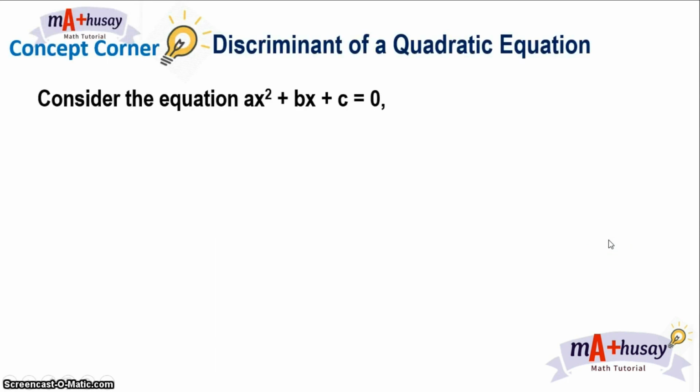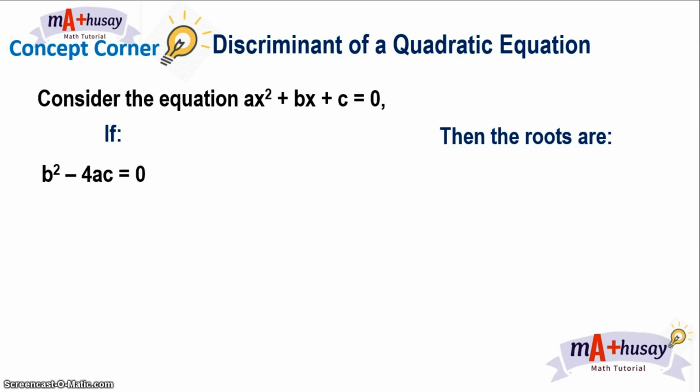Consider the equation ax squared plus bx plus c equals 0. If the discriminant b squared minus 4ac is equal to 0, then the roots are real, rational, and equal.